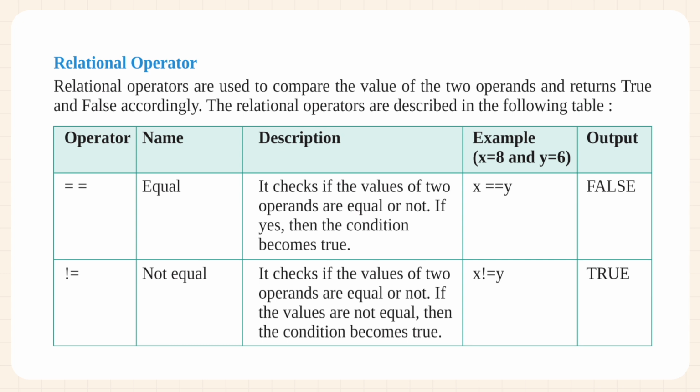It checks if the values of two operands are equal or not. If yes, then the condition becomes true. x == y, false. Not equal. It checks if the values of two operands are equal or not. If the values are not equal, then the condition becomes true. x != y, true.